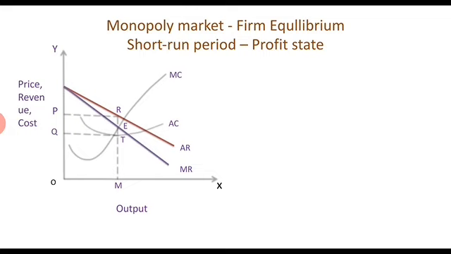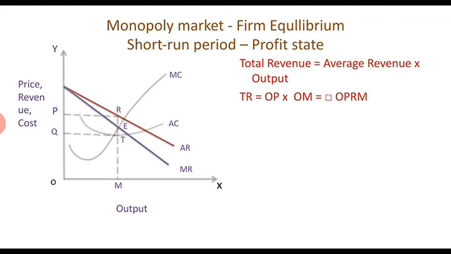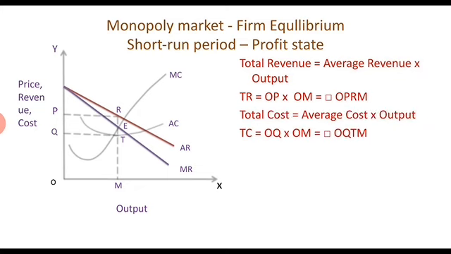In this situation, the firm's total revenue is rectangle OPRM. The firm's total cost is rectangle OQTM.